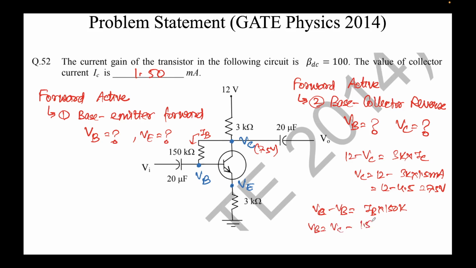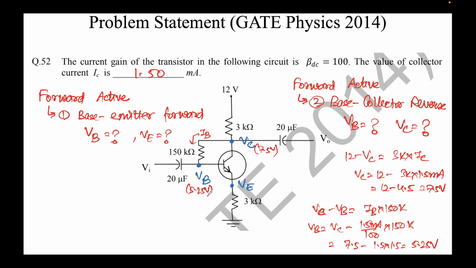So IC is 1.5 milliamps over 100, times 150 kilo ohms. The value of VC is 7.5, and this term comes out to be 2.25, so the value comes out to be 5.25 volts. So we have obtained VB as 5.25 volts.